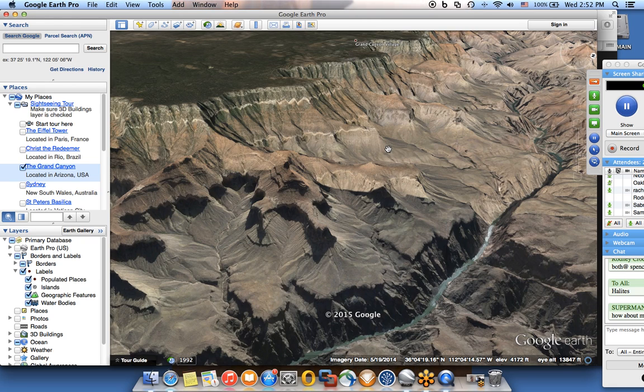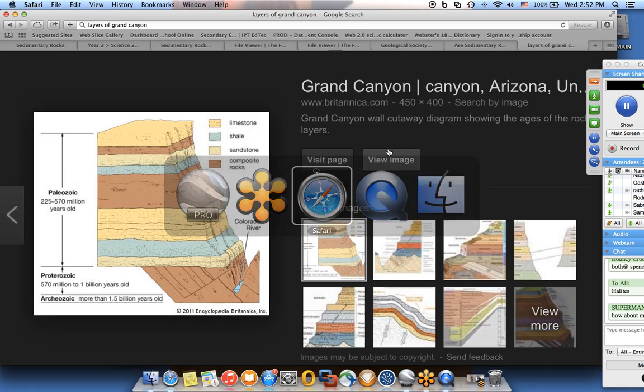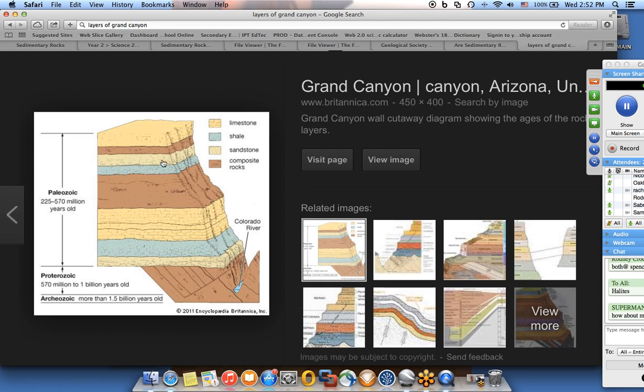So I have here, let's see, over here a little cutout of the Grand Canyon. And so we can see the different types of rock that are from the top to the bottom of the Grand Canyon. And we also see here the scale of time, how long it takes for the different types of rock here.